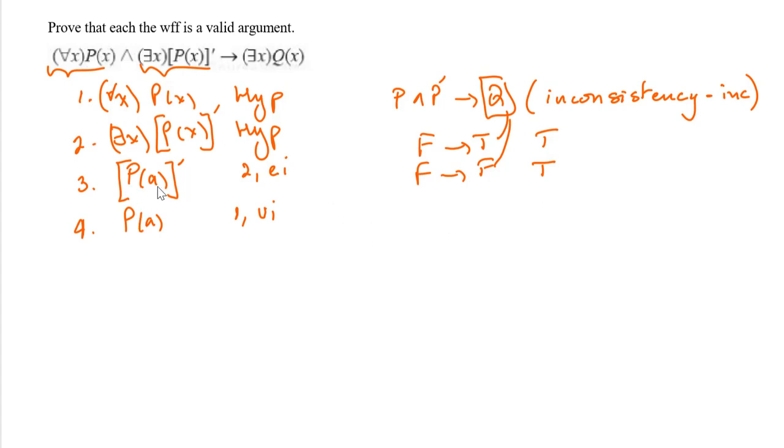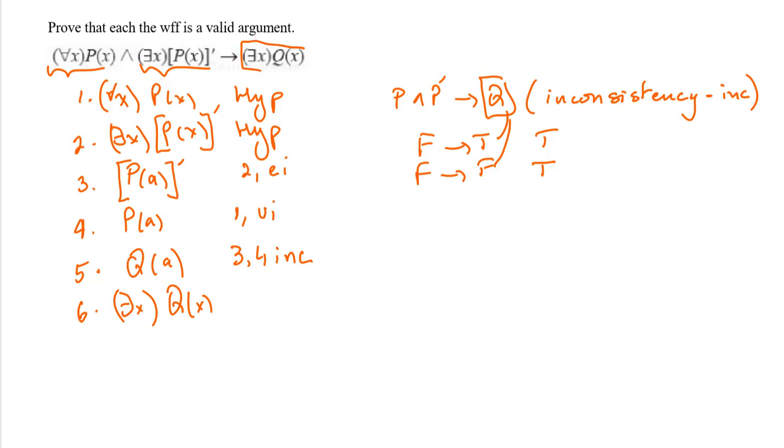So what I have here, p of a is false and p of a is true. Therefore, these 2 imply anything, which I call q of a. So I call it 3-4 inconsistency. And so, if I have some example that q of a is true and that specific variable is a, I could do generalization now and I say there exists x, q of x, which means I'm done.